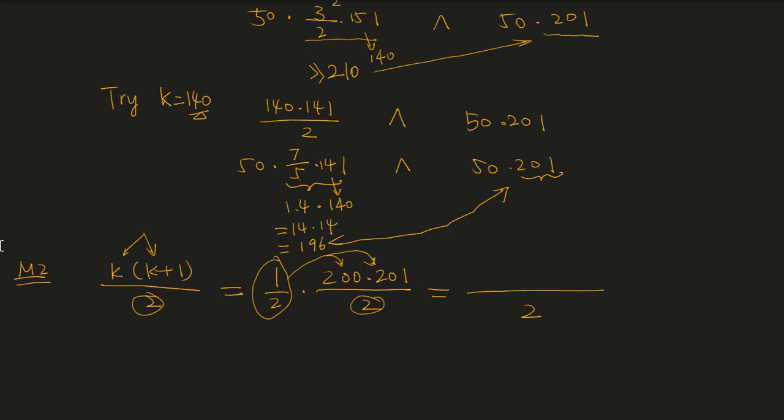So we keep this half here, from here to here. Now, as to this half, I'm going to break it into a product of 1 over square root 2 twice. And here is what we get: 200 divided by square root 2 times 201 divided by square root of 2.